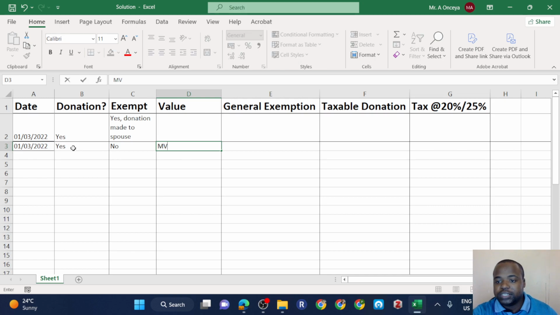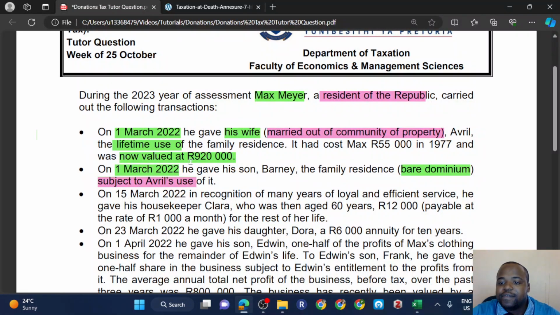So essentially, this is a limited interest, and we say full ownership is represented by the market value of the property. In other words, if today, before these donations were made, you went and gave Max 920,000 rands, you'd have full ownership of the family residence, because you'll be able to use it, and you will own it, thus being able to decide when to sell and when not to sell, right?